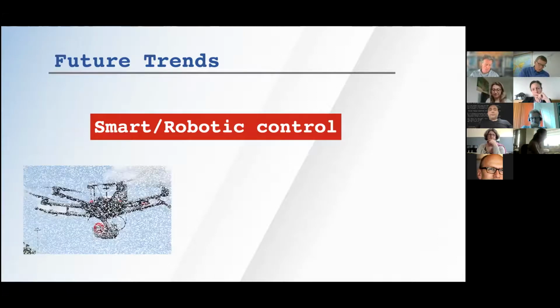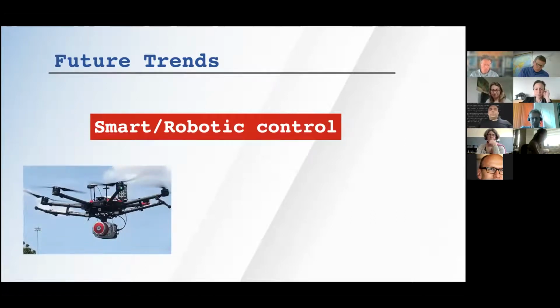Just imagine drones, which may now have sensors, coupled with some smart algorithm and controlled by a human. But just imagine a flying robot that is smart enough to go on its own, collect data, decide where to go and how to collect the data, and even communicate with other objects or humans.